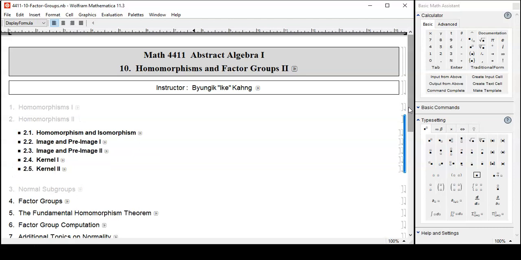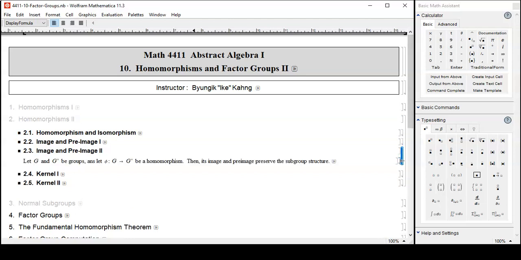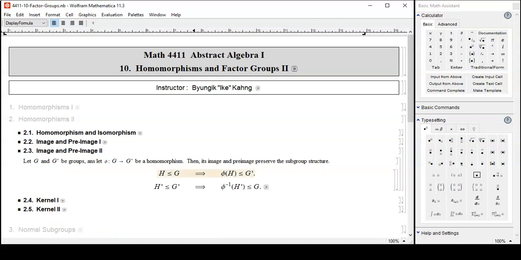It turns out it preserves the entire subgroup structure. You see, group operation is preserved, and we can prove that the identity is preserved, inverse is preserved, and also the closedness is preserved, so the entire subgroup structure is preserved. If H is a subgroup of G, then the image under the homomorphism, phi of H, is also a subgroup of this time G prime.